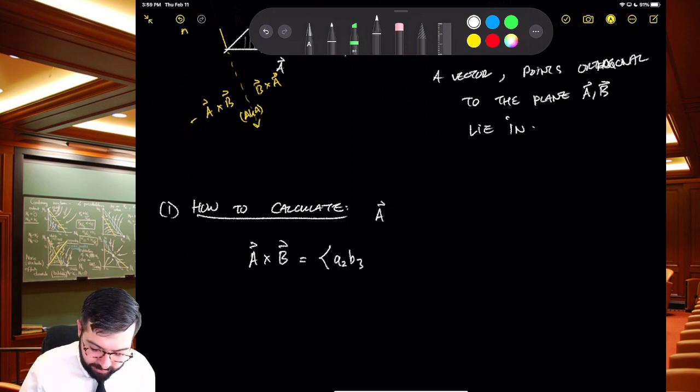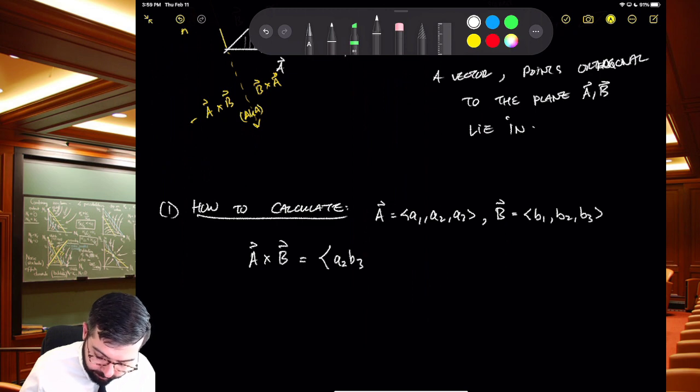And this is if A is A1, A2, A3. B has components B1, B2, B3. So it looks like this. A2, B3 minus A3, B2. That's the first component.